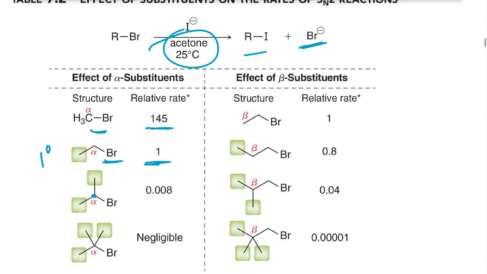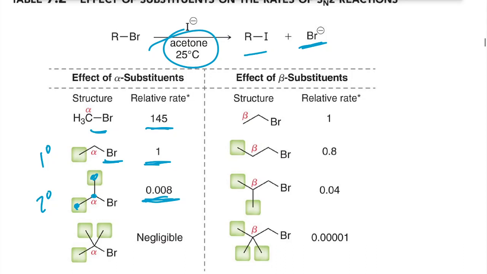Now on the next one we have a secondary alkyl halide because the alpha carbon has 2 carbons attached. So this is isopropyl bromide, and so that one is going to have a rate that's 0.008 or 1,000 times relatively slower than the ethyl bromide. So it's way slower than the primary.